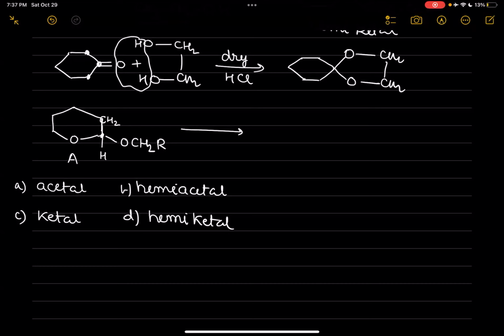Now think whether it was a ketone prior to forming this cyclic structure, or an aldehyde.